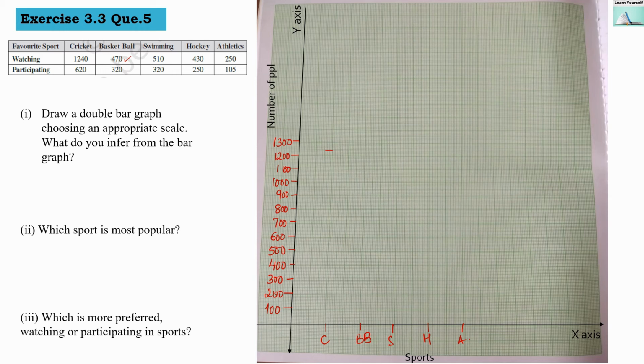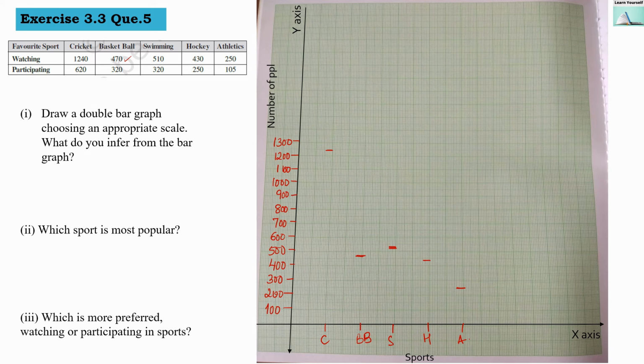So 470 will come somewhere over here. Then swimming, 510 people are watching. So 510. Then hockey, 430 people are watching. Then athletics, 250 people are watching.